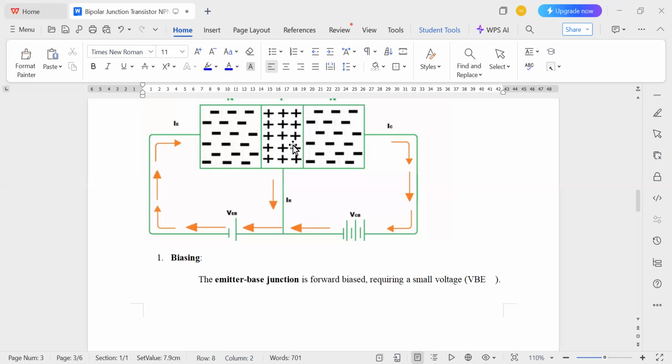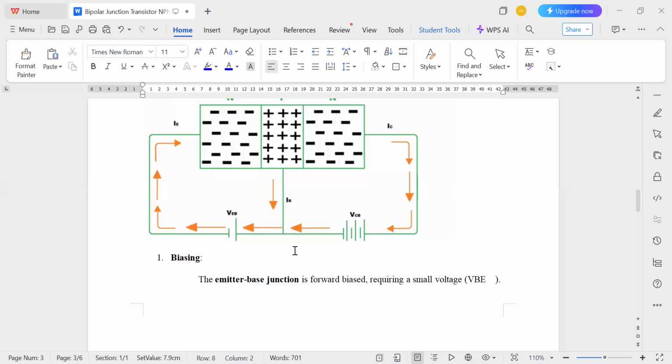Most of the electrons cross the junction and go towards the collector. This current is called the collector current, represented by IC.